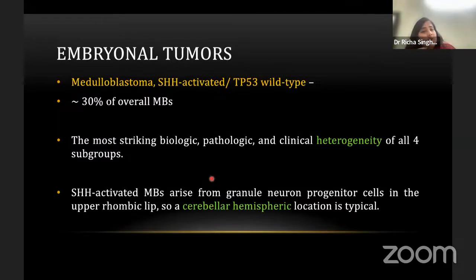Then the other group is SHH activated, TP53 wild type and mutant groups. Both these groups will have almost similar imaging features. The medulloblastoma will be hemispheric in location because they arise from the granule neuron progenitor cells in the upper rhombic lip.